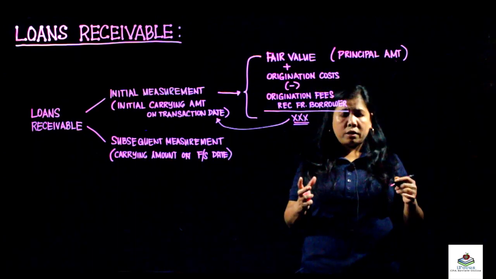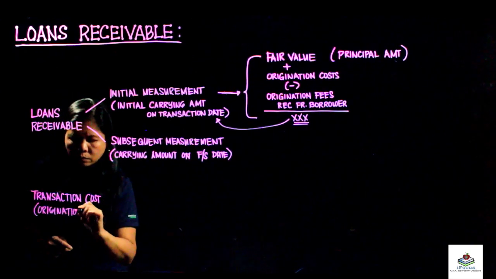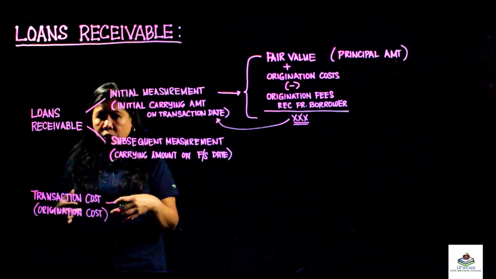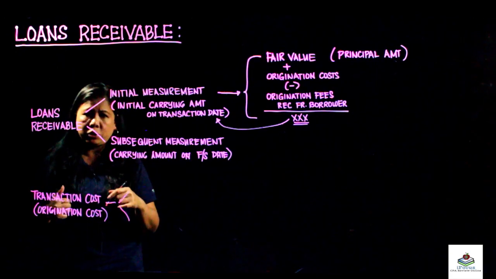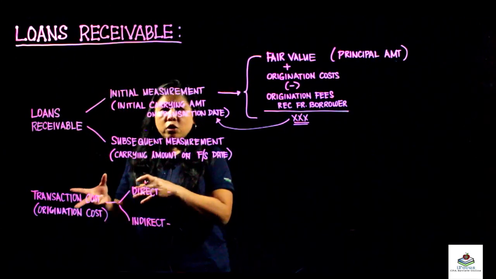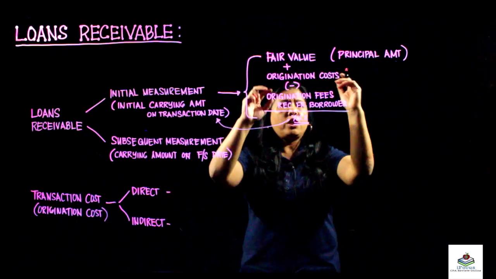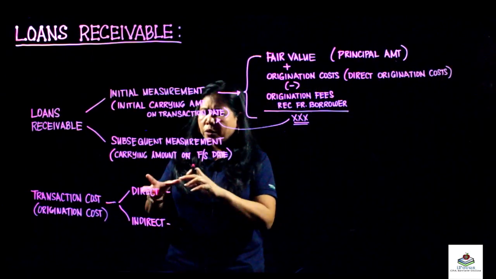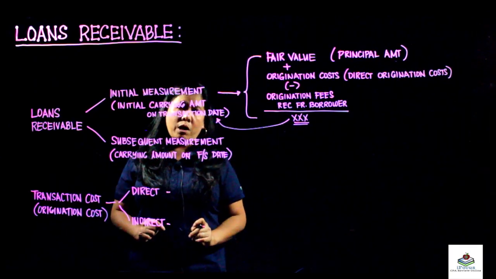Then the origination cost. Origination cost has two kinds. There are two kinds of transaction costs, which we also call origination costs: the direct origination cost and the indirect origination cost. The direct origination cost is included in our computation of the initial carrying amount.